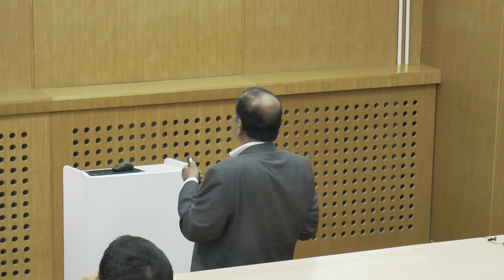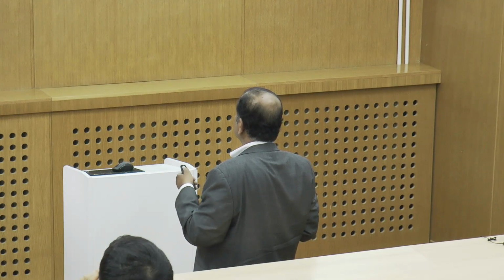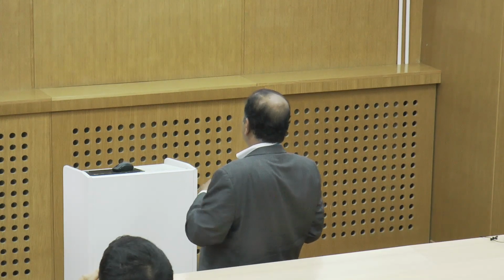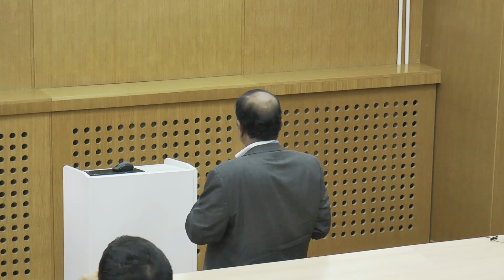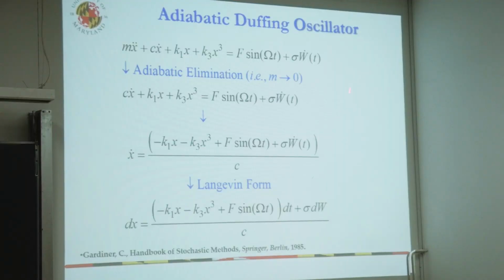So typically, this is the type of analysis we do for the numerical work. We take the governing equation, take the adiabatic elimination, that is, the limit as mass goes to 0, end up with the first order equation, and then put it in this differential form so that I can deal with the differential in the noise, as W dot doesn't exist for noise.